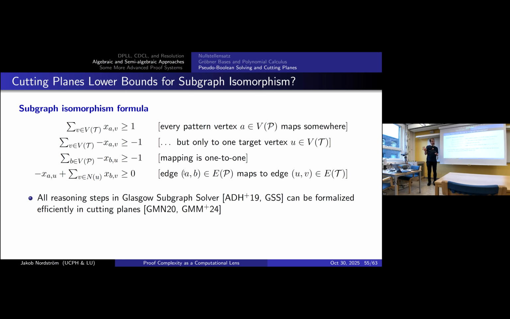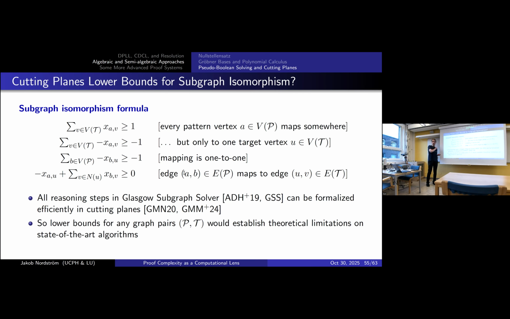Again, currently we have no idea whether the Glasgow subgraph solver solves subgraph isomorphism in polynomial time. Probably not. Can we prove that it doesn't? No, we can't. Except if you guys would come up with families of P's and T's for which you give lower bounds of this form.